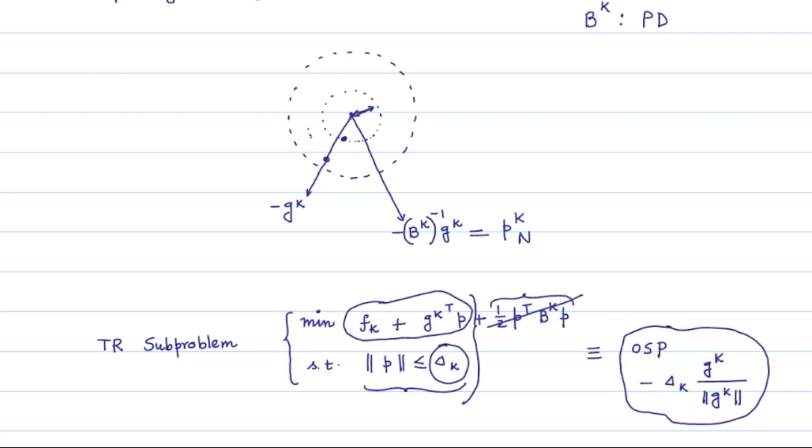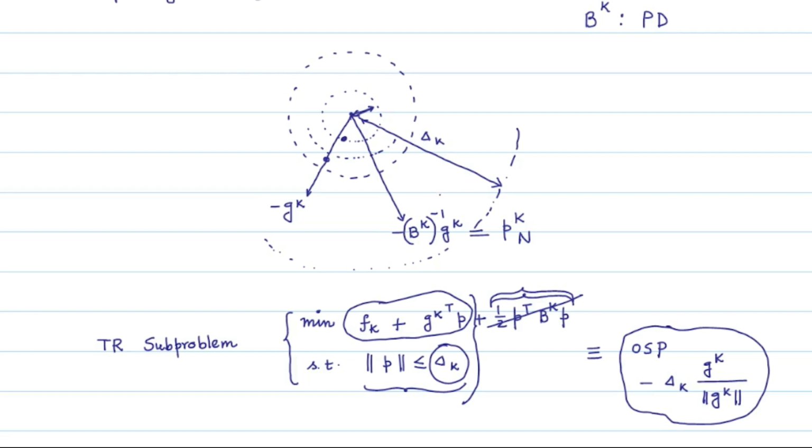If we enlarge the value of delta_k, then we notice that this second order term will start influencing the optimum solution, and when we consider a very big value of delta_k, then we notice that this full Newton step p_k^N will be inside the trust region, and in that case the full Newton step will be the optimum solution when delta_k is chosen to be this much amount.